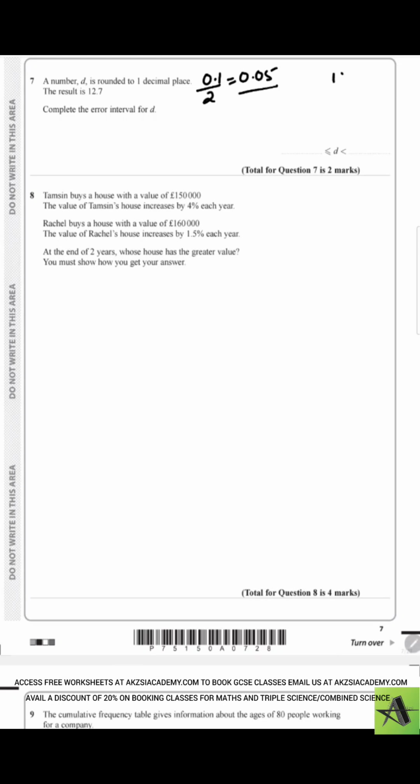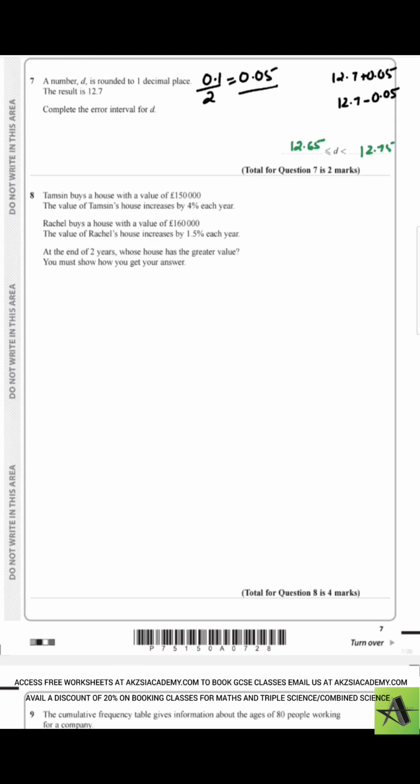So 12.7 plus 0.05 gives me 12.75, and 12.7 minus 0.05 gives me 12.65. So this gives you the interval.